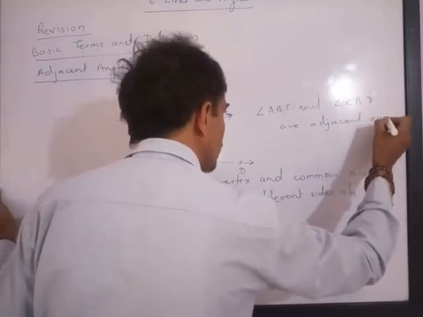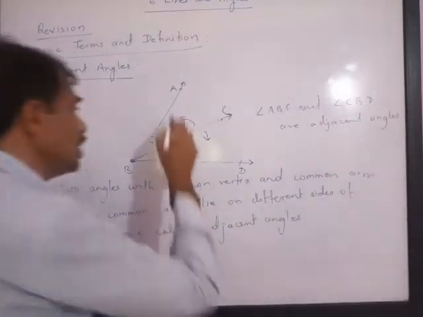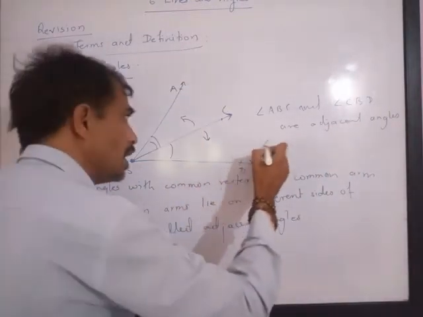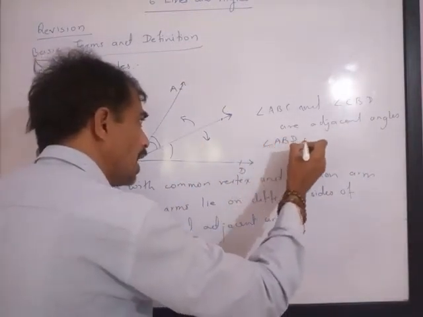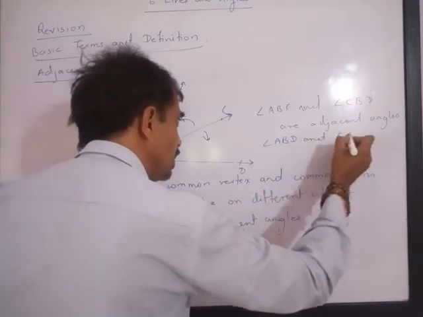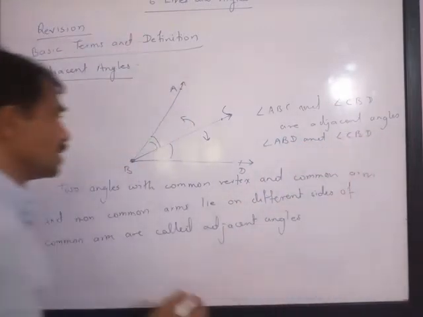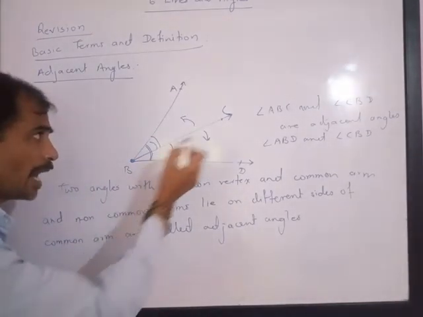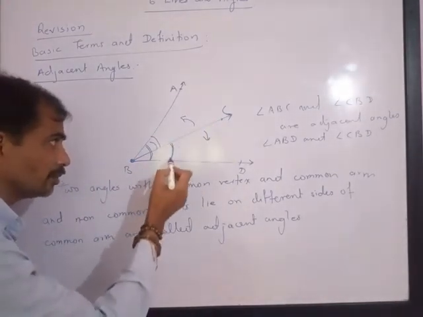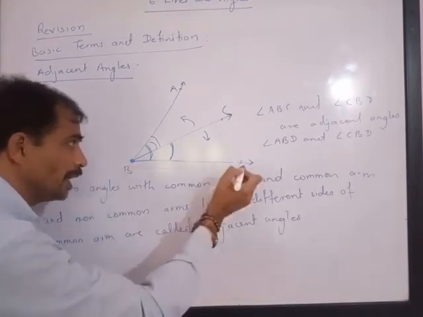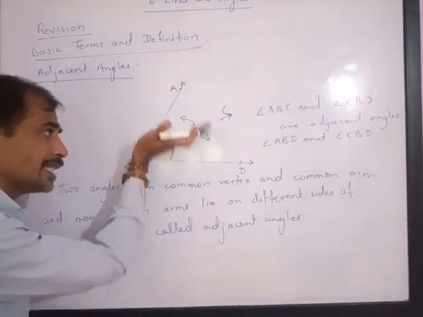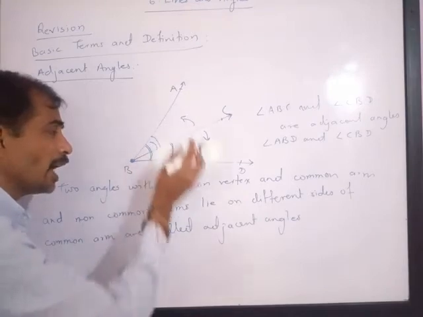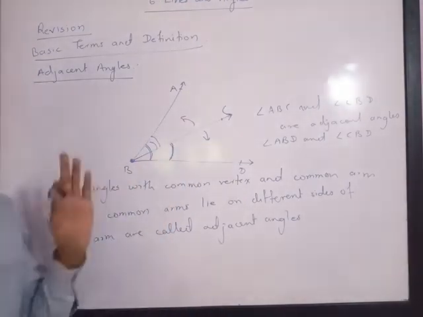But please note here angle ABD and angle CBD. Please understand this. Angle ABD is this total angle and angle CBD is this angle. They also have a common arm BD, but they lie on the same side of the common arm. Hence, these two angles are not adjacent angles.